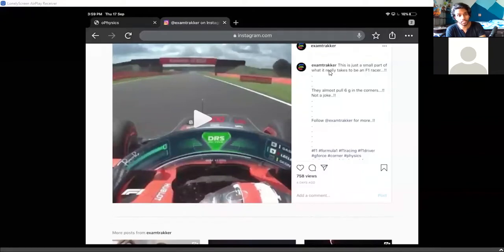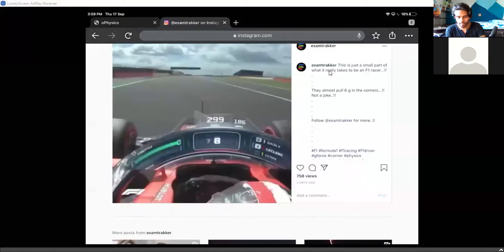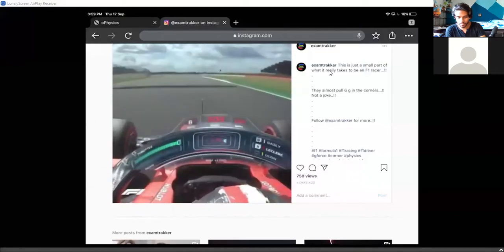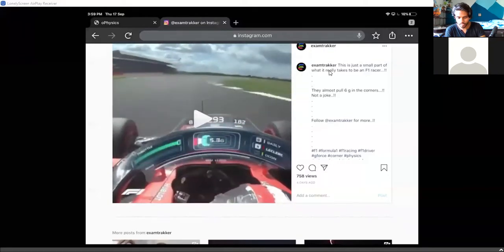This DRS is different, for F1 races. Yeah, watch that. It's almost 5.3 G. The amount of pseudo force that he is feeling is 5.3 G. Trust me, this is not an easy thing. It's a very difficult thing to feel that much pseudo force when you're actually turning.